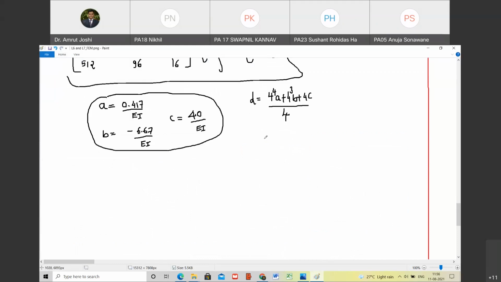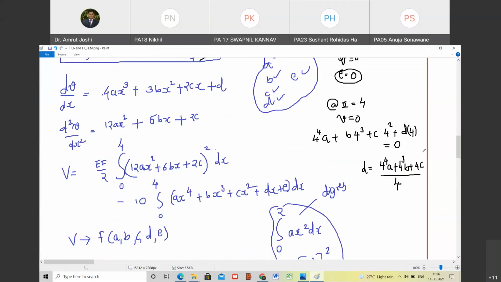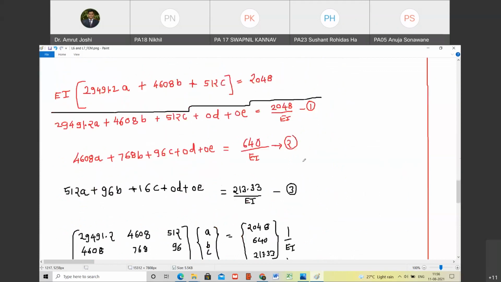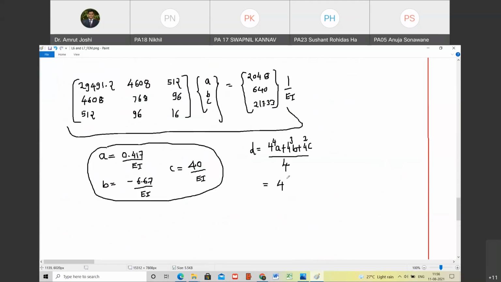In the expression you have written for D, it is 4 raised to 4 A plus 4 cube B plus 4 square C, right? So 4 raised to 4 into 0.417, plus 4 cube into minus 6.67, plus 4 square into 40 by EI.